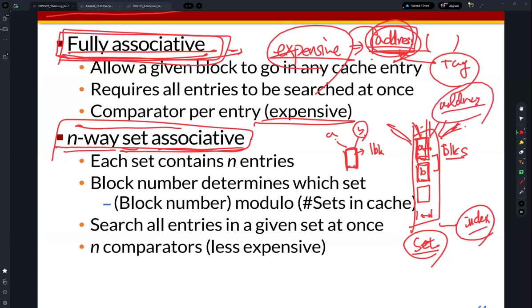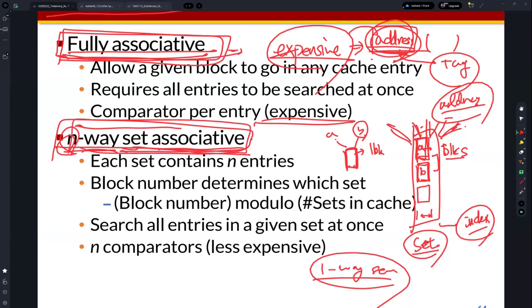So this is the set associative cache. Direct mapped cache is equivalent to a one-way set associative cache, which means one cache set includes one block, but an n-way set associative cache has n blocks per set.